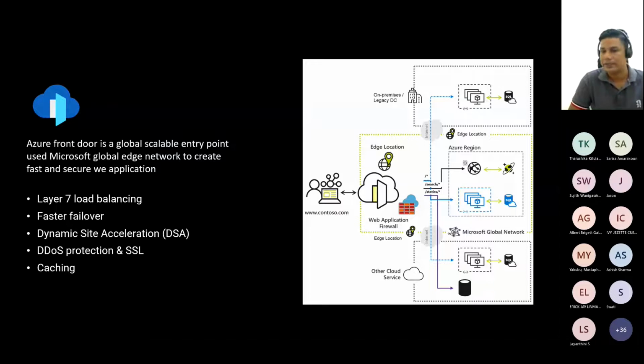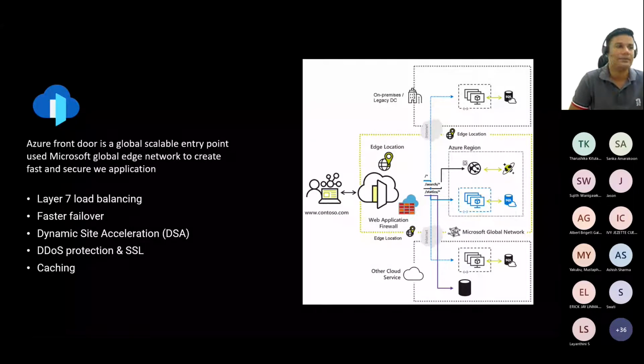It's not specific to any region. Microsoft Front Door uses this global edge network to create fast and secure applications. That means Microsoft has almost 118 edge locations across 100 metro cities connected to Azure using a private enterprise-grade WAN, that means wide area network.